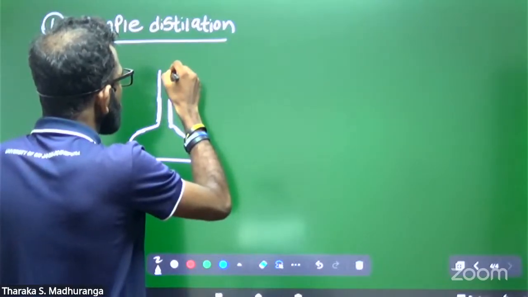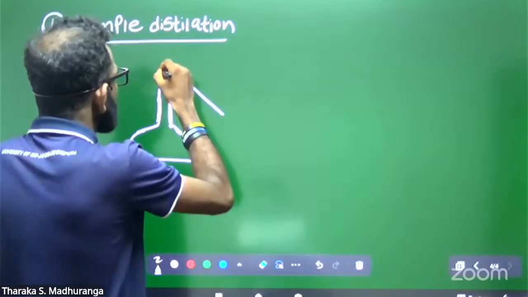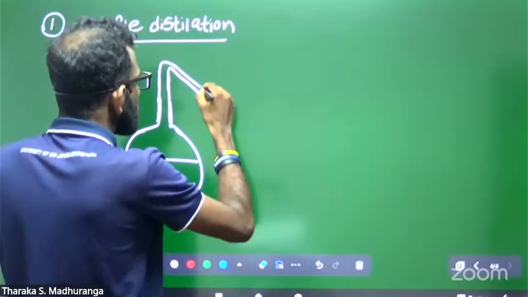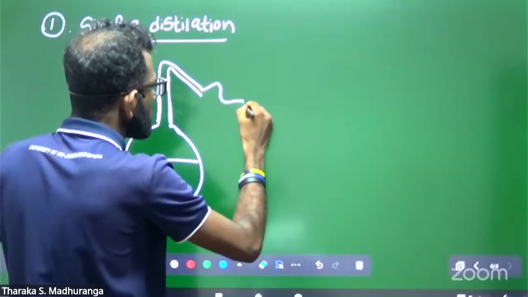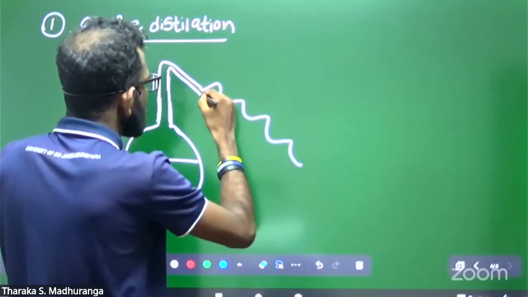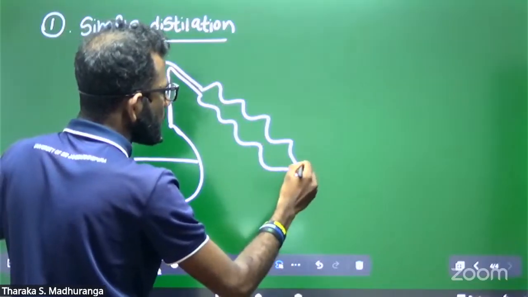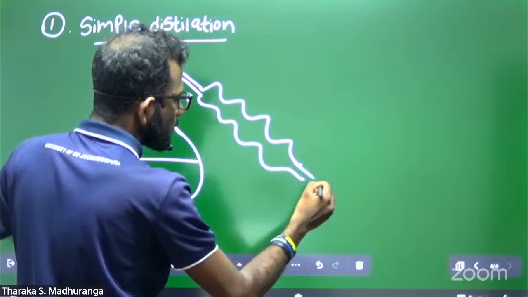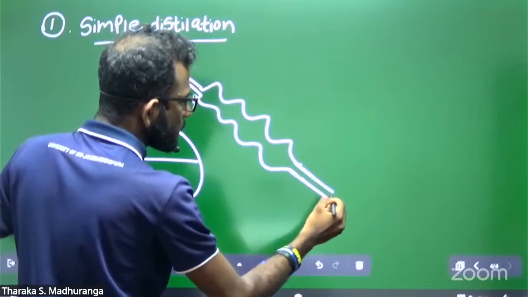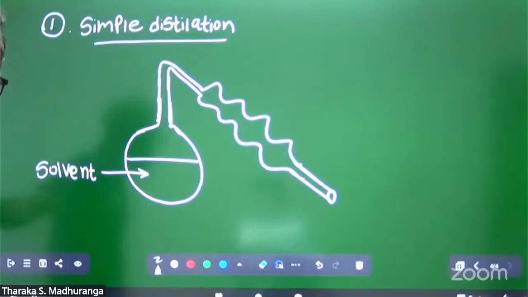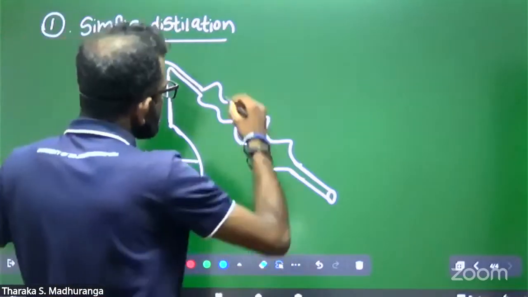At the open end, we need to connect a Liebig condenser. That is the simple distillation. It is actually simple.